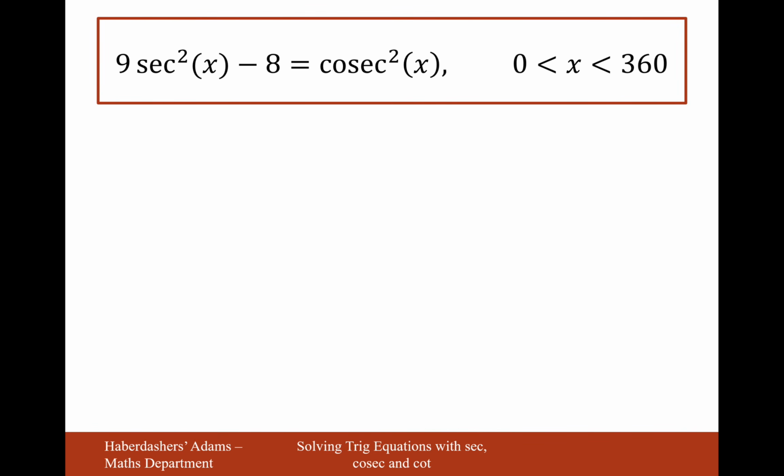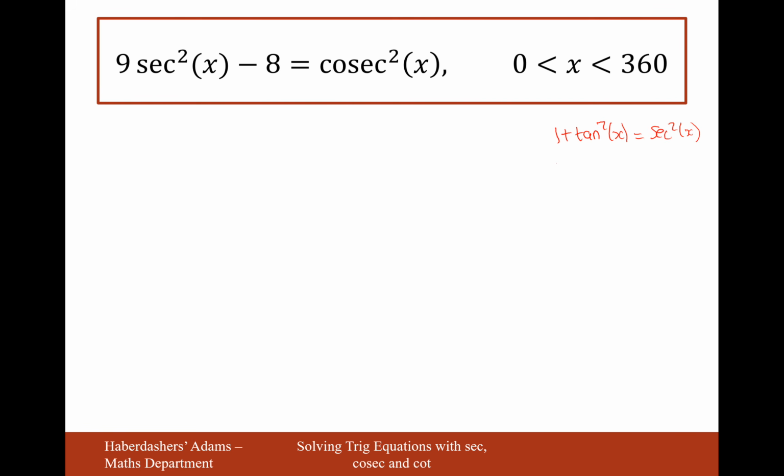This question I found was actually the hardest of the whole worksheet, because there's no formula that directly links sec squared and cosec squared. You can't do a sine squared plus cos squared equals 1 and somehow connect them like that. But something they are connected to is something to do with tan. Now if you remember, it's 1 plus tan squared x that equals sec squared.